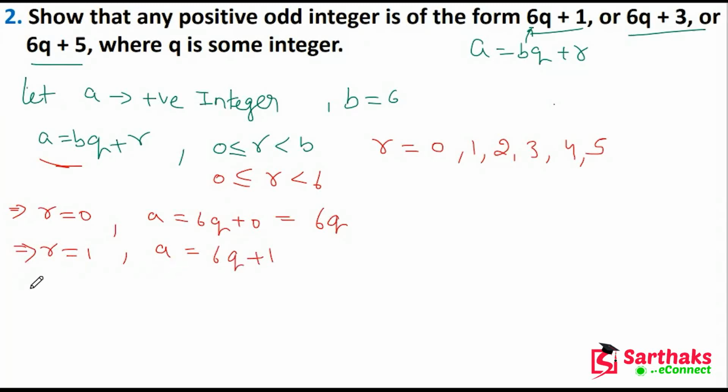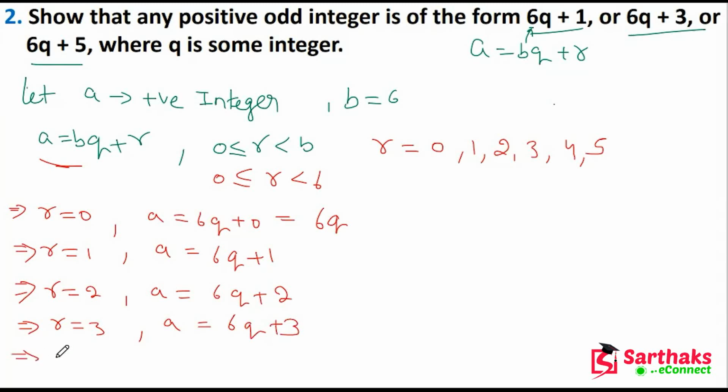Now we put r is equal to 2, we get a is equal to 6q plus 2. And r is equal to 3, we get a is equal to 6q plus 3.